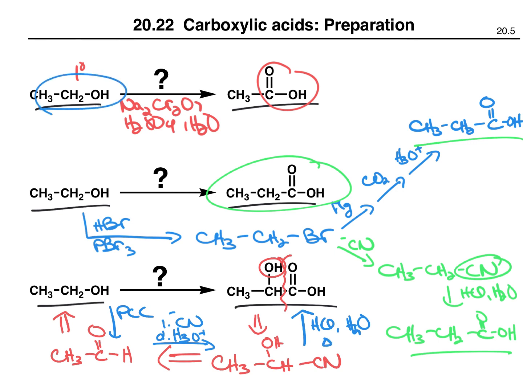So from the same starting material with different sets of conditions, we can make a number of different products. So it's important to keep in mind the different features of these reactions, and like always, remember to count your carbons.